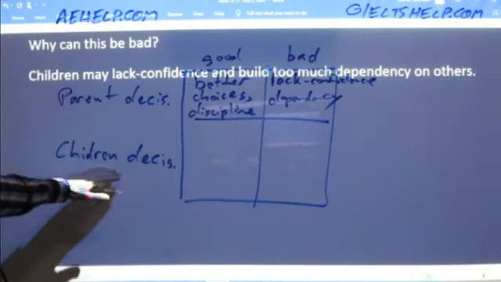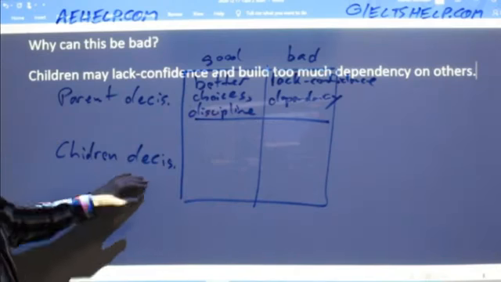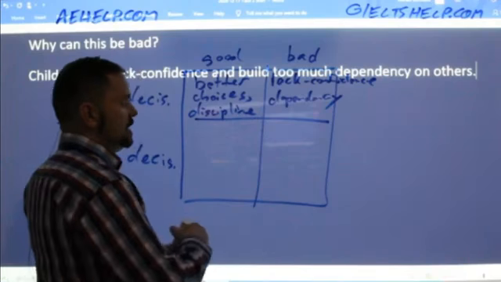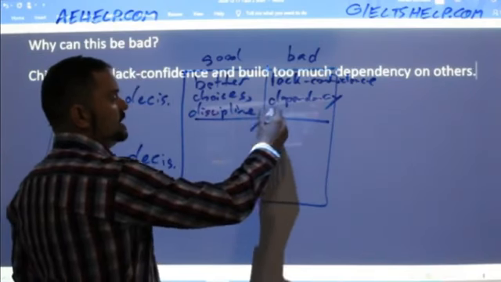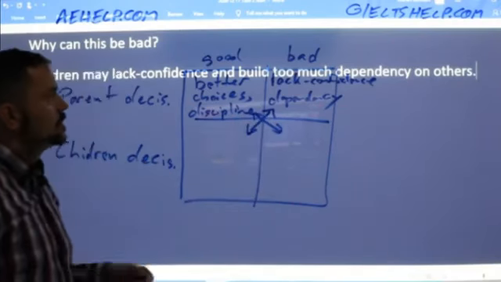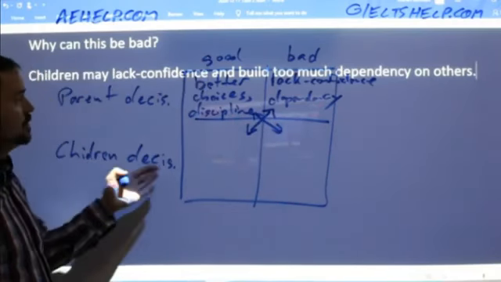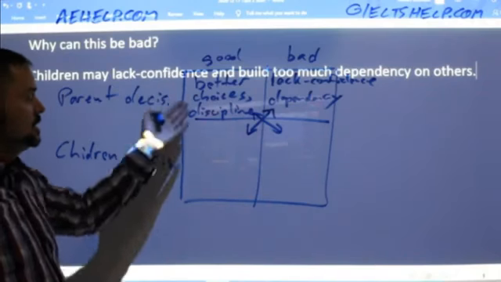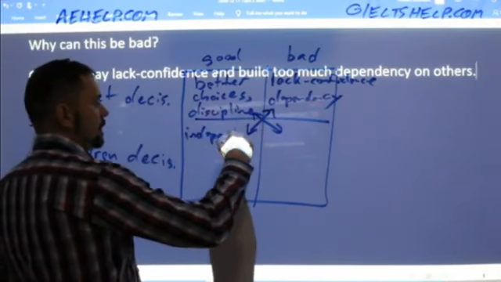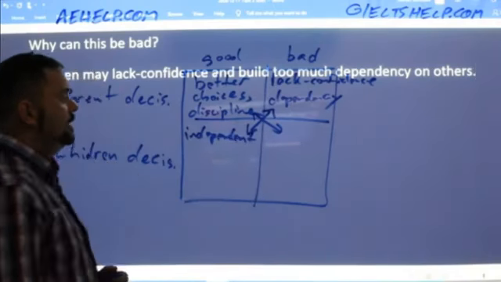So when children are allowed to make their own decisions, what's the good? Now, usually the way these chi-squares work, not always, it depends on the context, is the opposites like this, right? So the good of allowing children to make their own decisions is that they become independent, right?